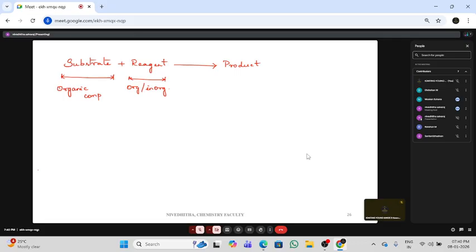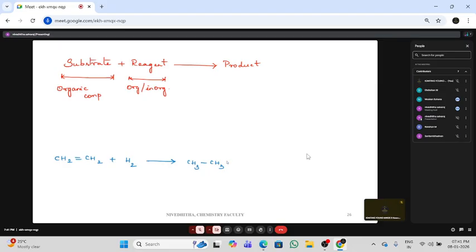That's it. So I'm going to write a chemical reaction and I want you to tell me which is the substrate, which is the reagent, and the product.